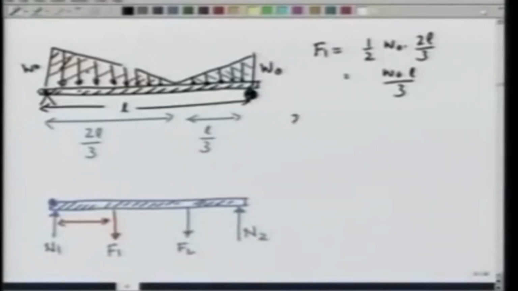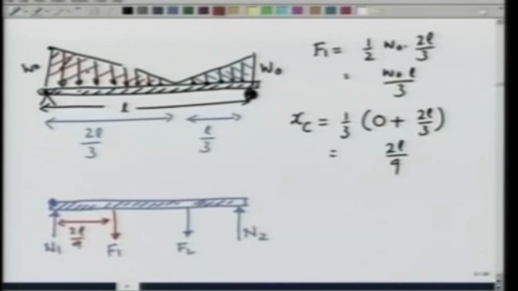The centroid XE is going to be equal to 1/3. A in this case is 0. This is the point where A is, and B is 2L divided by 3. So, this is acting at 2L by 9. So, this distance is 2L by 9 and F1 is equal to W0 L by 3.